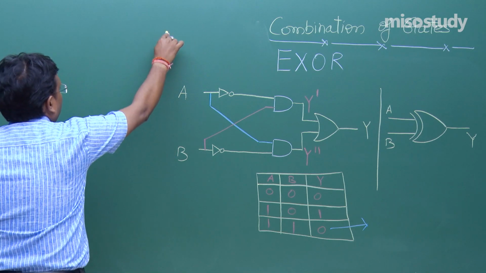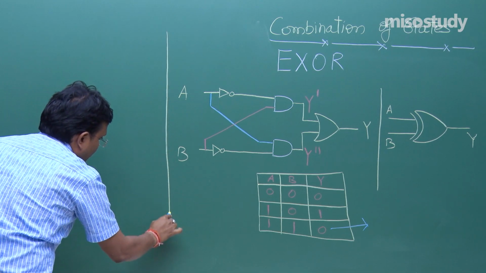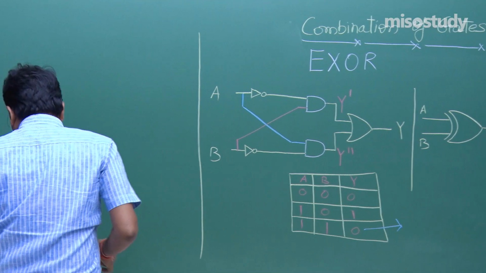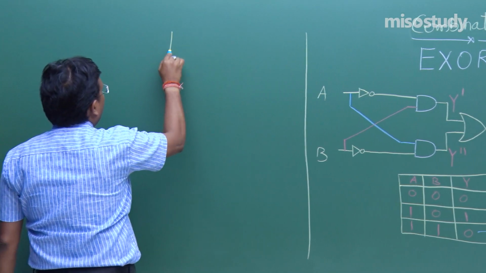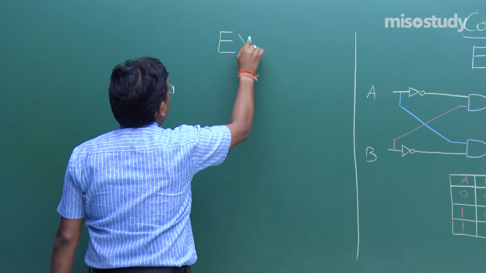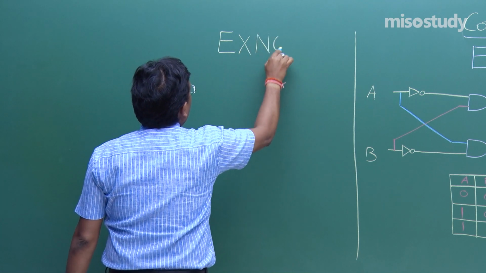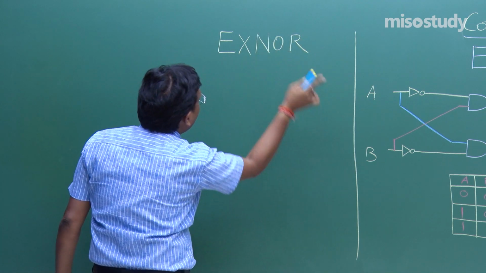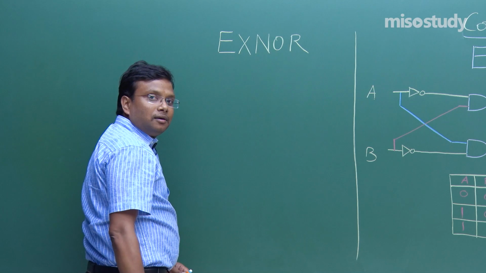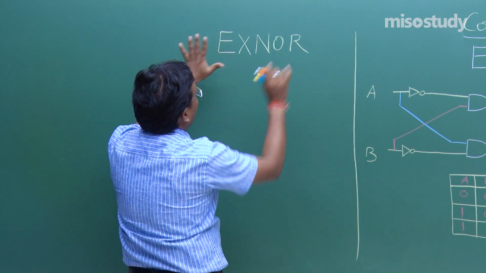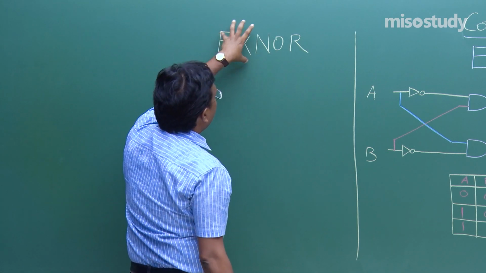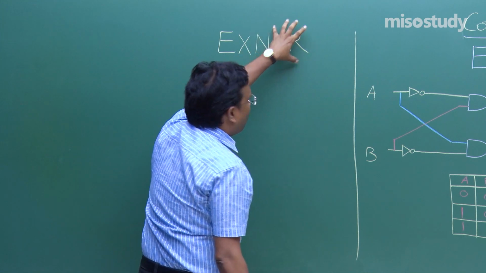Fine. Then next I have another gate, that is the XNOR gate, that is exclusive NOT plus OR gate. So, you can say three terms are associated: exclusive, NOT and OR. Fine.